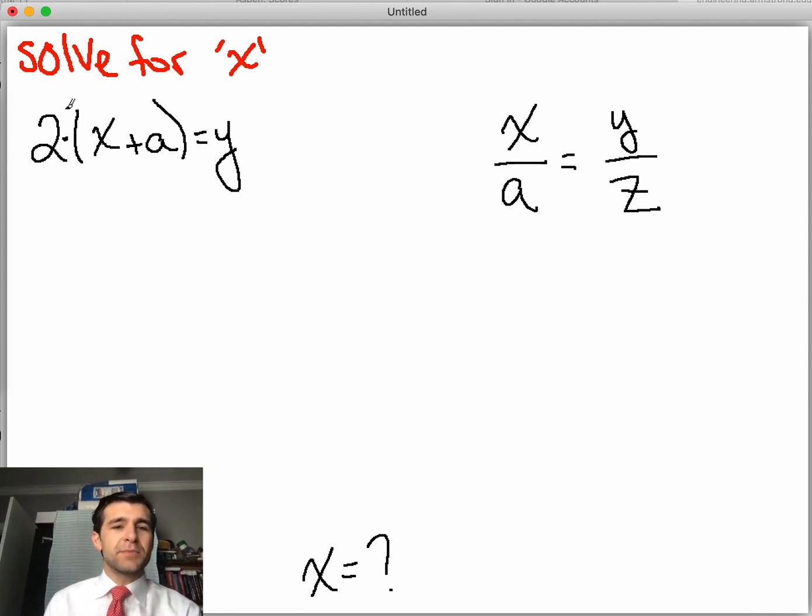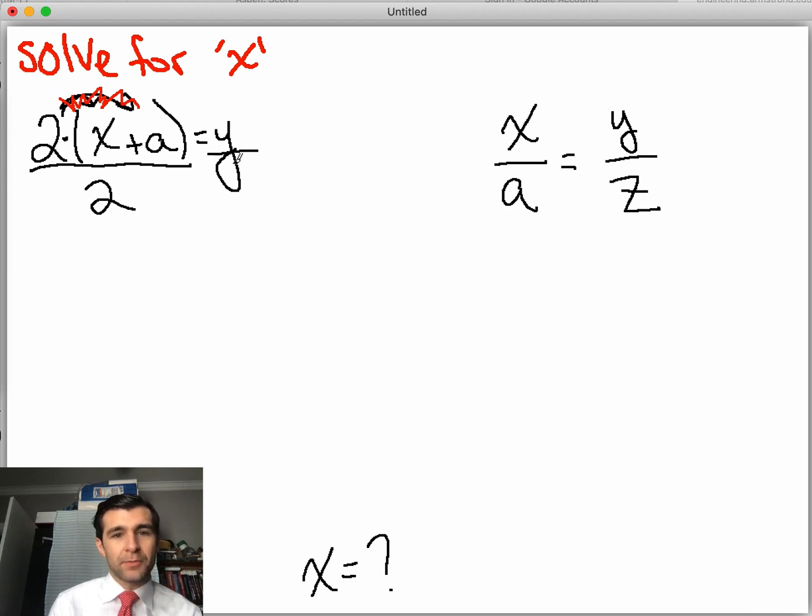Now, some people might actually want to distribute this in, and that we could do, but there's actually an easier way to do it. So I'm not going to distribute. What I will do is actually, since x is a part of these parentheses, I can actually divide both sides by 2 right now.